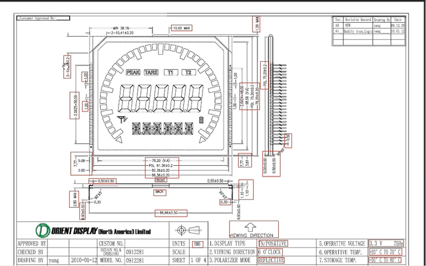This dimension is for the cutting height, and this dimension is from the middle of the first trace, the first ITO contact, to the middle of the last ITO contact, and this 1.00 is the width and gap of the ITO traces.